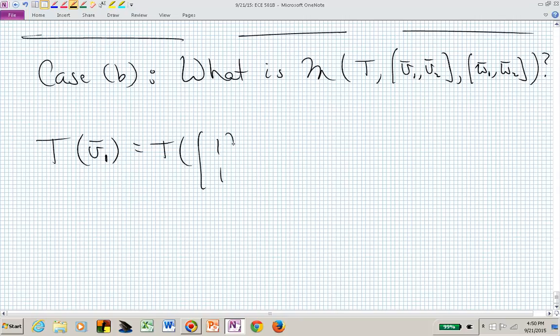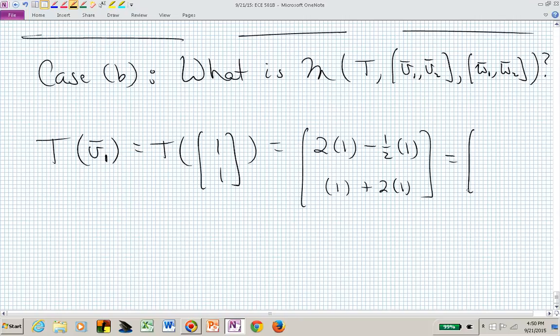V1 bar was 1, 1. So that now we take 2 times x, which was 1, minus 1/2 times y, which was 1, x plus 2y, and that's actually what we just had for our earlier map, but this is now 3/2 and 3, coincidentally.